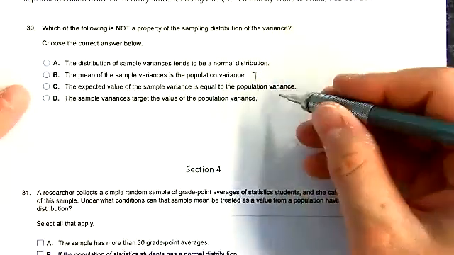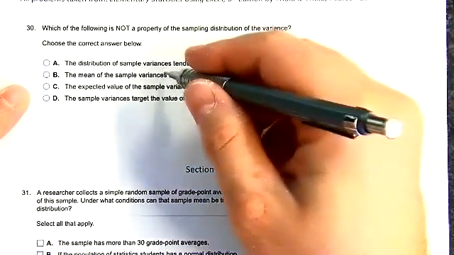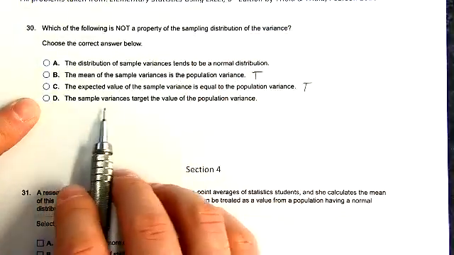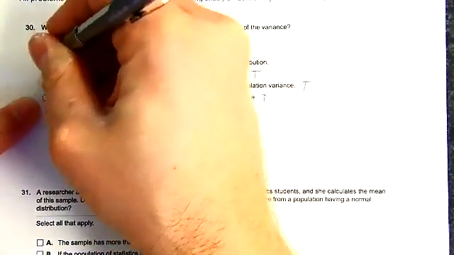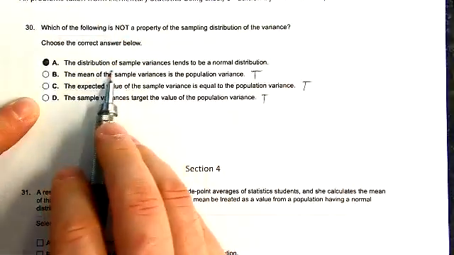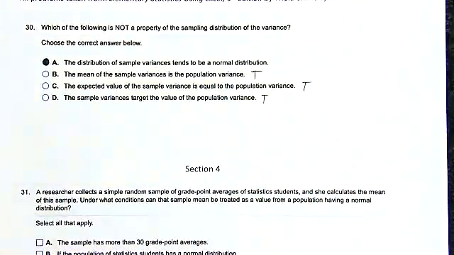The expected value of the sample variance is equal to the population variance, that was also true. That's just another way of saying this. The sample variances target the value, yes, that's also true. So the only one that's not true is A. The distribution of sample variances tend to be a normal distribution. That is not true, they tend to be skewed. And that will do it for 6.3.